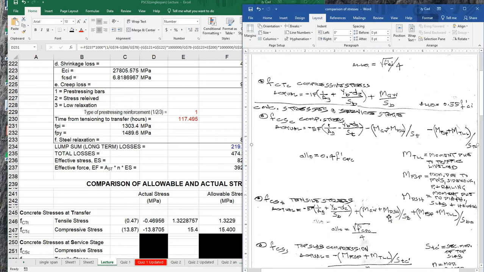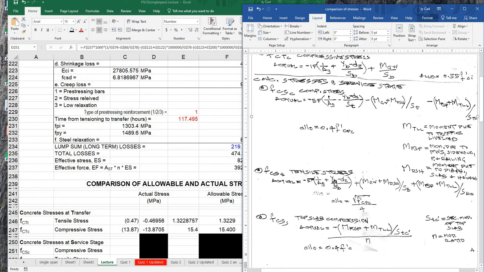This is MDSH or moment due to diaphragm, slab, and haunch. And then here we have MFSP. This is moment due to future wearing surface, sidewalk, post, and railing. And then MTLL, moment due to traffic live load. So there are subscripts there. Okay, then in here you have S sub B and then S sub BC.